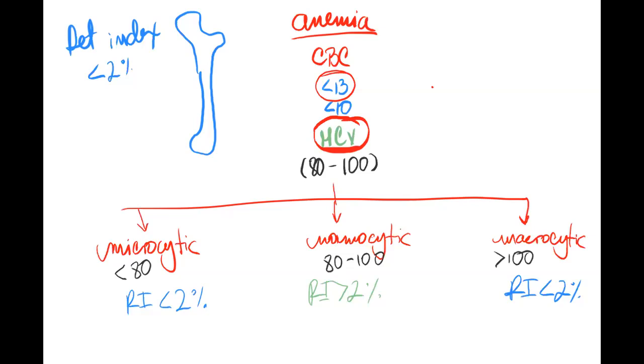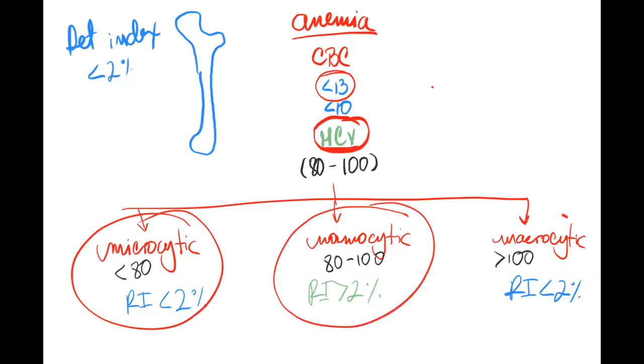So what are the causes of the microcytic, normocytic, and macrocytic anemia? The principal causes in microcytic anemia are iron deficiency, chronic disease, thalassemia, and sideroblastic anemia.